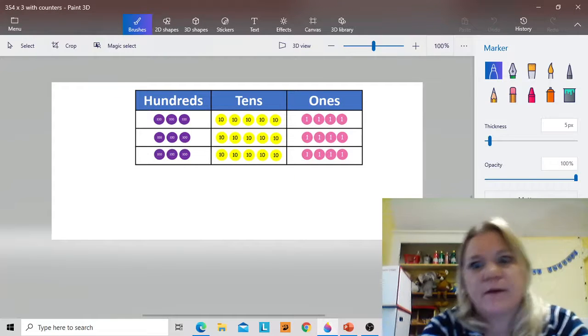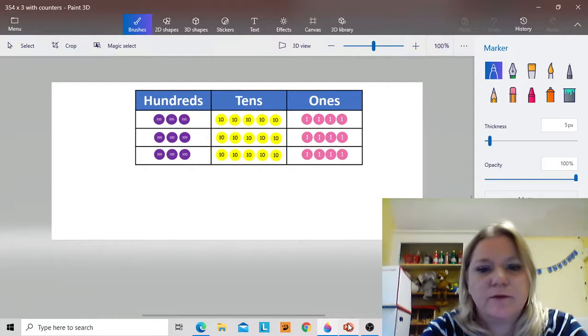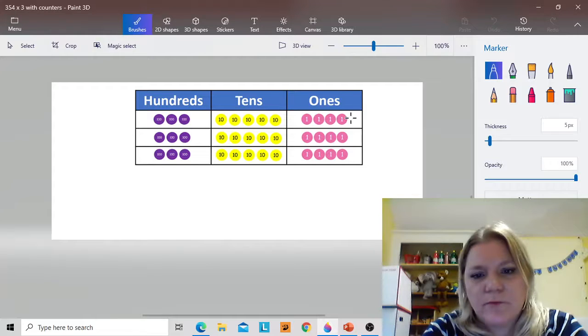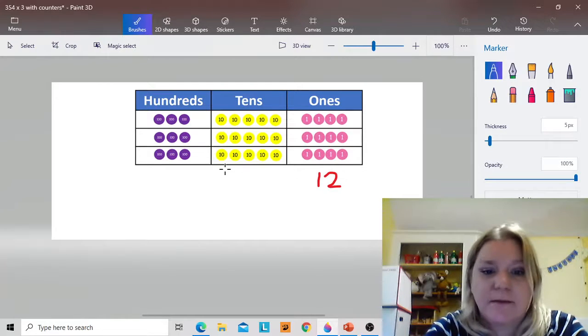So let's have a go at this one together. We're going to count out how many ones we've got. So if we have a look up here, we've got 1, 2, 3, 4, 5, 6, 7, 8, 9, 10, 11, 12. Let's write that number down here. Now, when we've got 10 ones, remember 10 ones equals a 10, doesn't it?